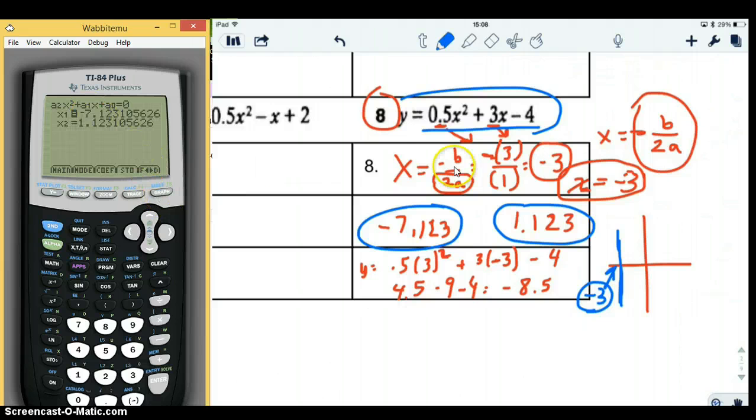That gives me the 2 zeros for this equation. So when does this equation make y equal to 0? Well, it makes the x at -7.123 or 1.123. Either of these two x coordinates make the y 0.